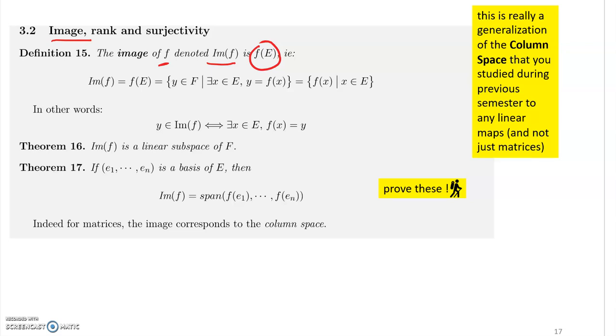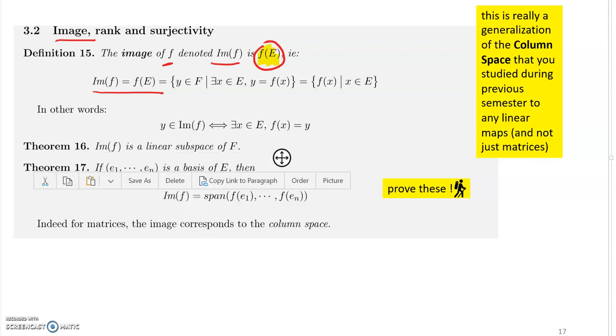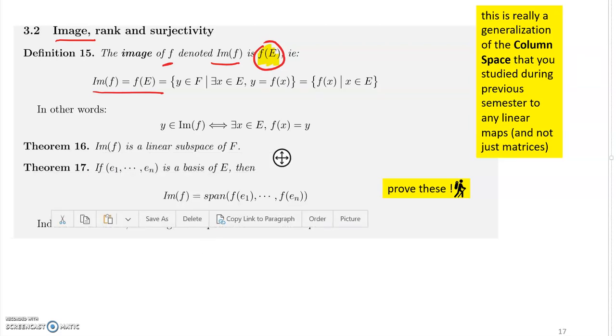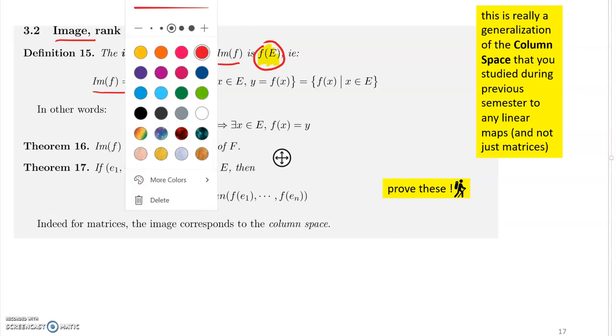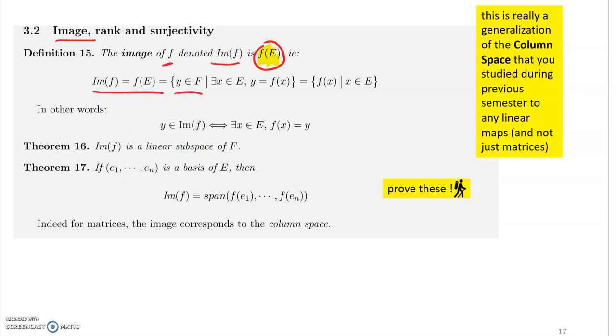So you can also use this notation, okay? The image by f of the whole linear space E. So the image of f equals f of E is all the elements y of the codomain such that there exists some x in the domain such that y is equal to f of x.